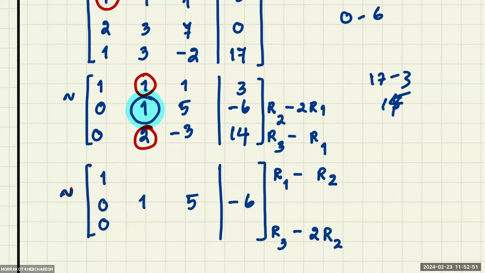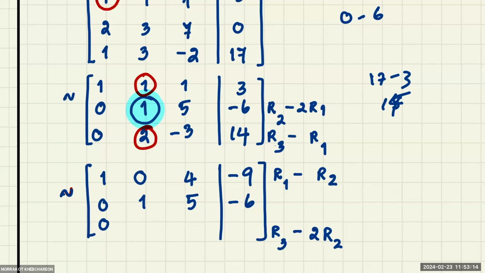So the first column is not affected. So it's going to be 1 minus 1 is 0. 5 minus 1 is 4. Minus 6 minus 3 is minus 9.